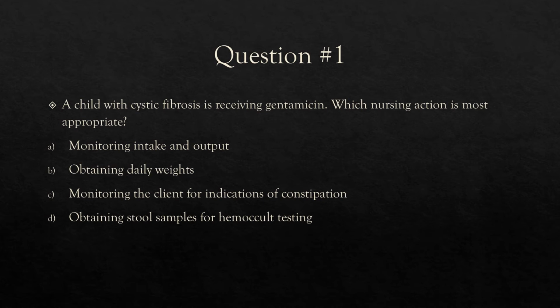So when I go back and read my questions, some of the things that really stand out, the most important topic would be gentamicin, because we need to know what medication we are giving this patient. And then also maybe cystic fibrosis. So when I look at A, I do think that I would keep it because it does sound pretty important.